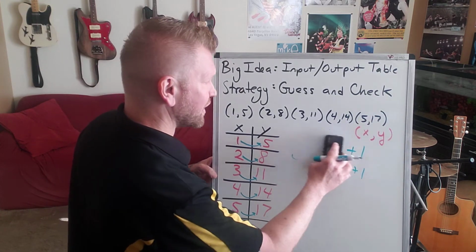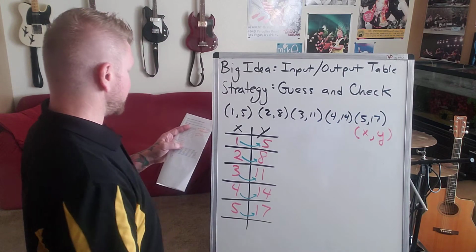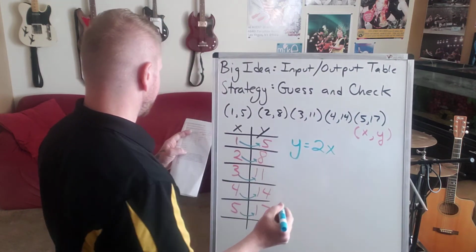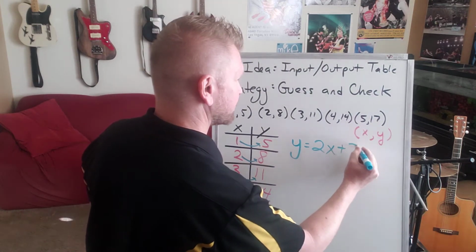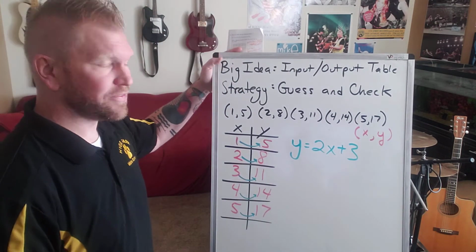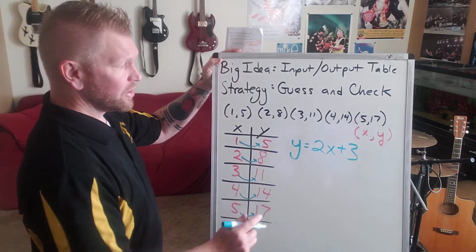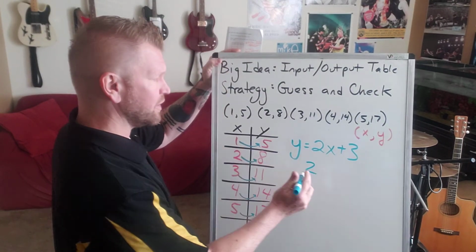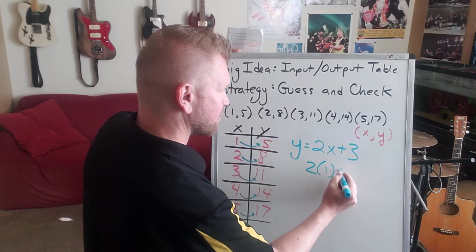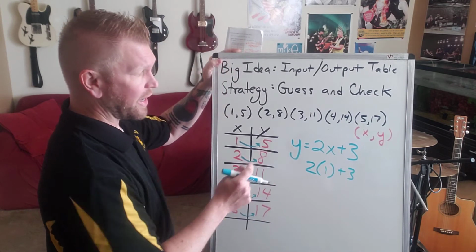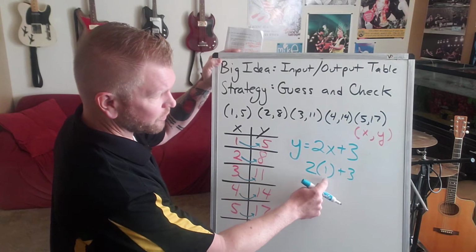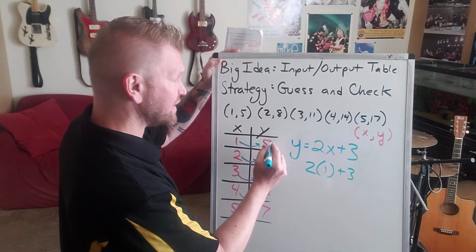Okay, so let's take a look at the next equation. y equals 2 times x plus 3. All right, so let's see if this is the one. So again, 2x means 2 times x. In this case, it would be 2 times 1 plus 3. Now, if this equals 5, that's a good sign. Let's see if it does. 2 times 1 is 2, plus 3 does equal 5.